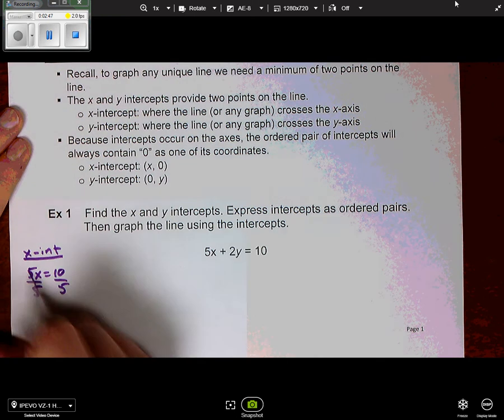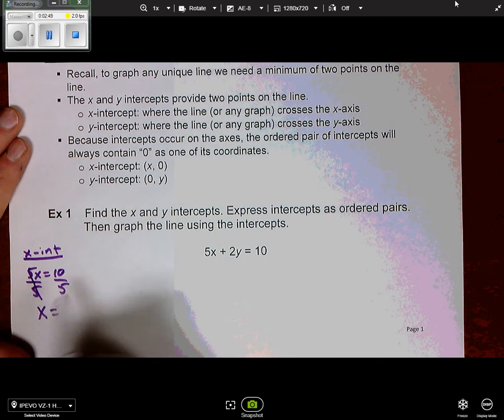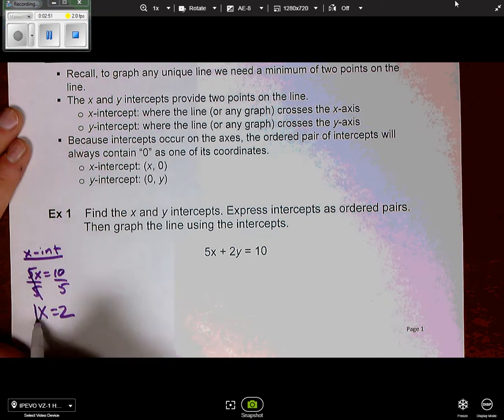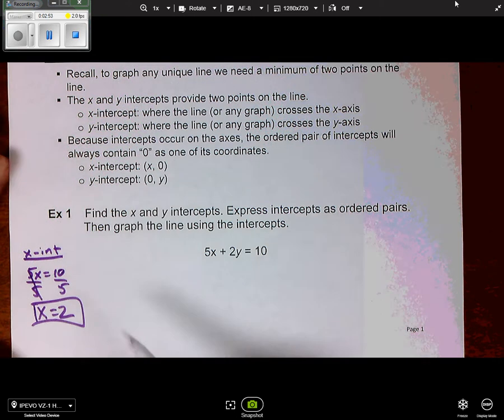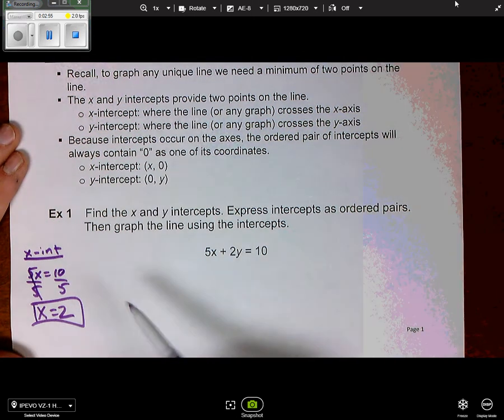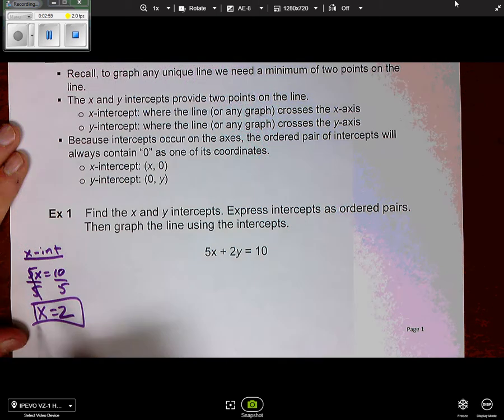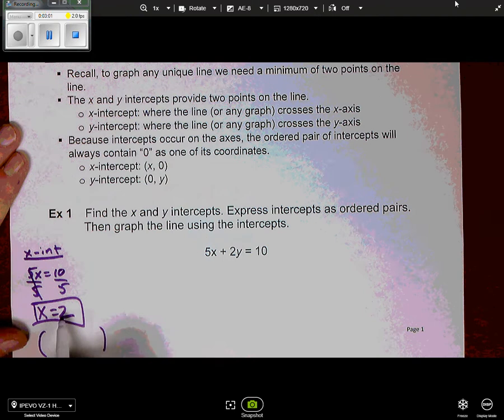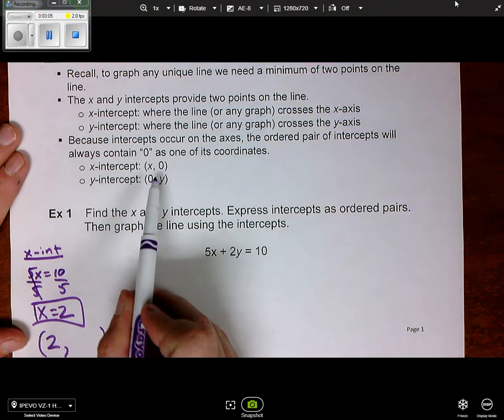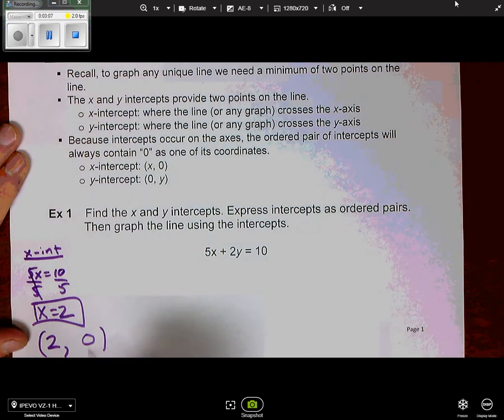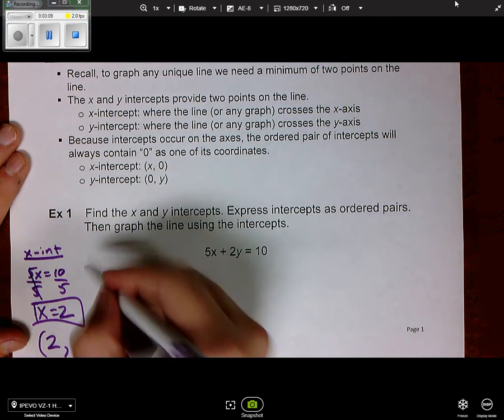I already know that you have to divide both sides by 5, and we get x is 2. Now, what does that mean? That means when we go to graph our line, we're going to be on the x-axis at 2. And as an ordered pair, if we're on the x-axis at 2, y is always what? Y is always going to be 0. So our x-intercept occurs at 2, 0.